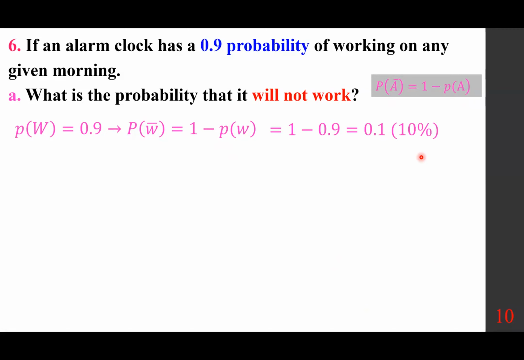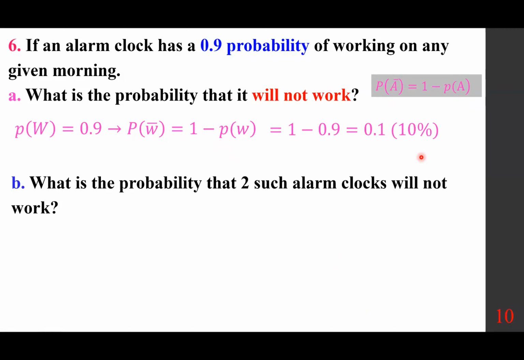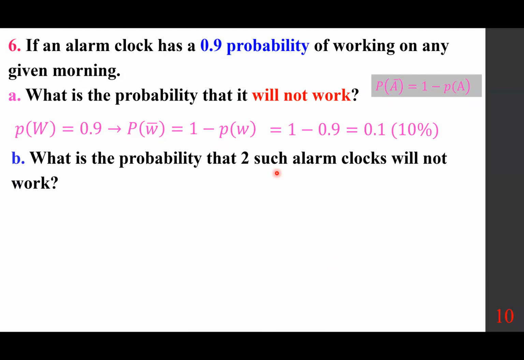Now, here's the concept that is used in quality control. What is the probability that two such alarm clocks will not work? Now, this is the concept of redundancy. If you have a situation where, for example, an alarm clock is not doing a good job, what happens if you do use two of them?